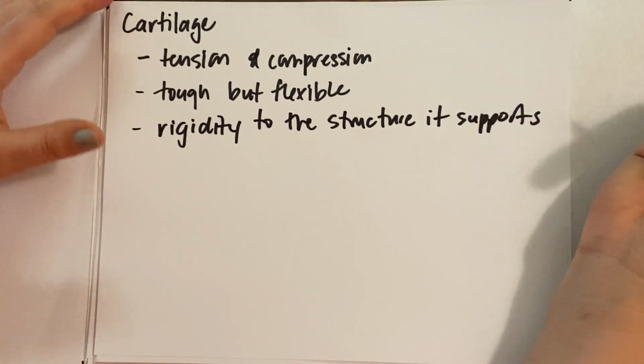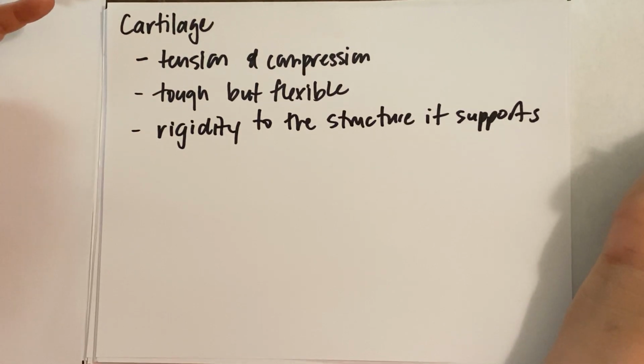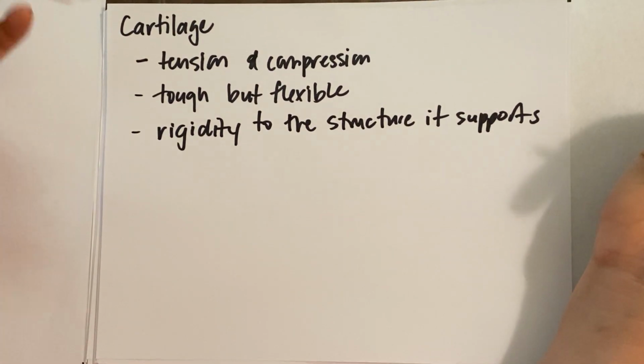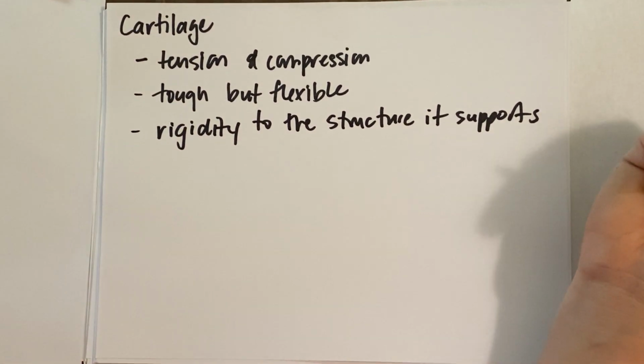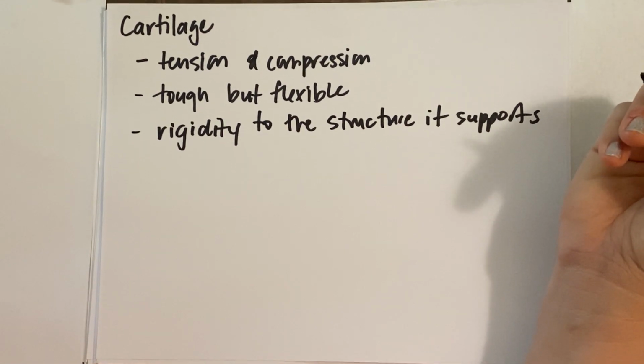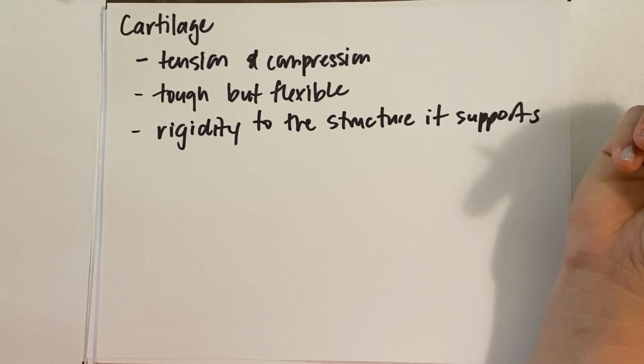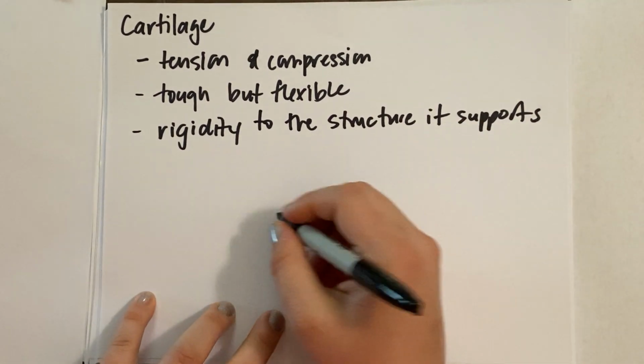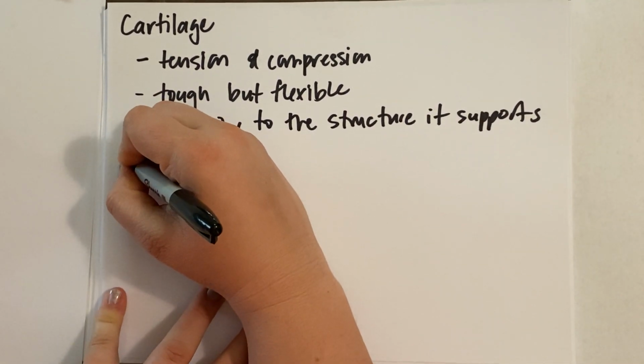Often these are different bones. We find this between, again, our vertebrae in our back. It also adds support to different parts of our bodies, like our ears and our nose and things like that.